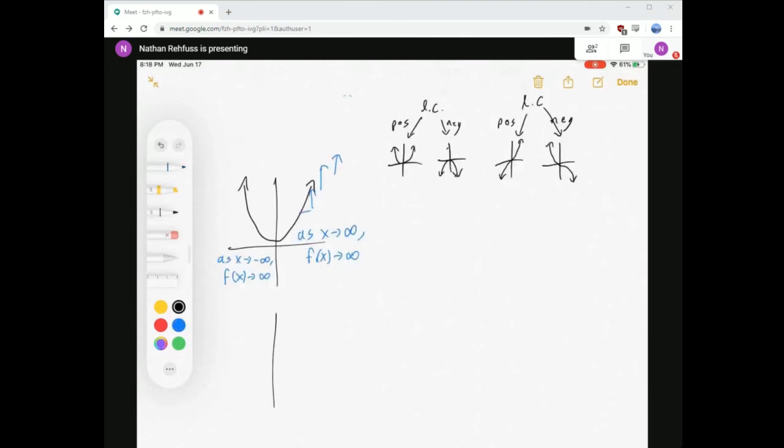One more example. If I had this graph, I could write, as x goes toward infinity, and now f of x is going down, down, down, f of x goes toward negative infinity. And over here, as x goes to negative infinity, f of x is going up, up, up, so f of x goes to infinity.